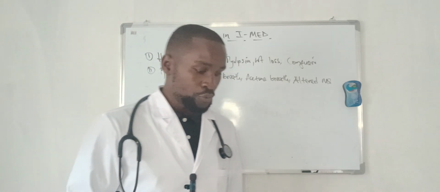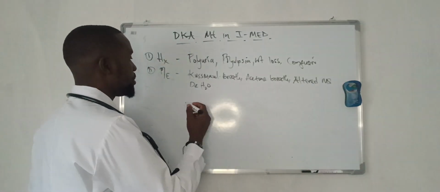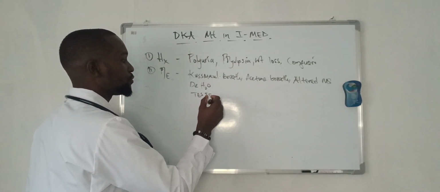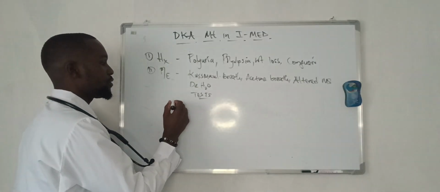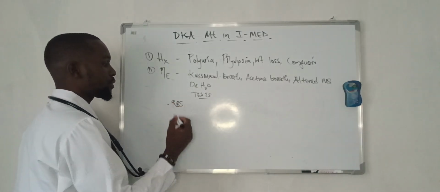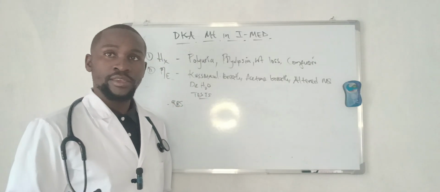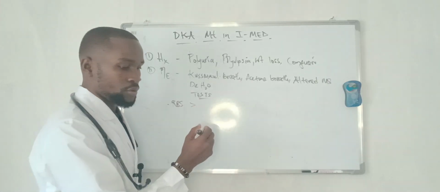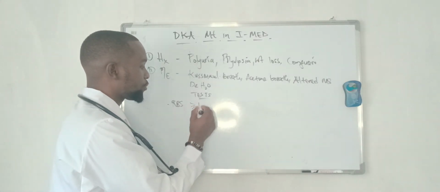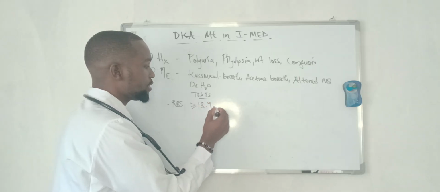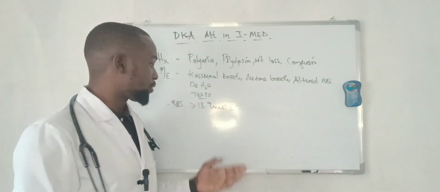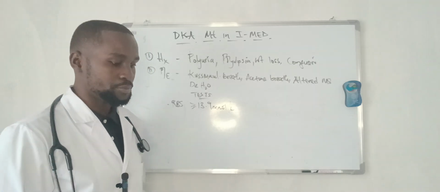You will do your RBS, and for you to say this is DKA in internal medicine, the RBS is supposed to be greater than or equal to 13.9 millimoles per liter.